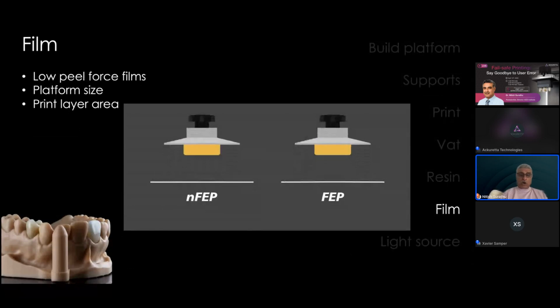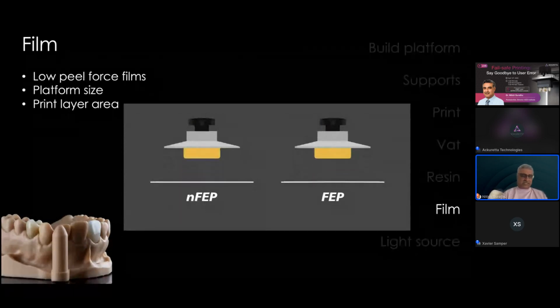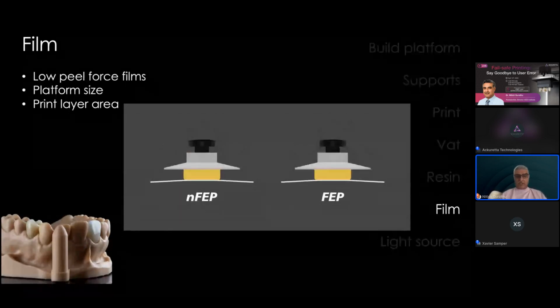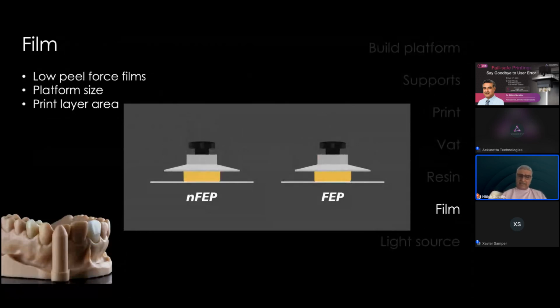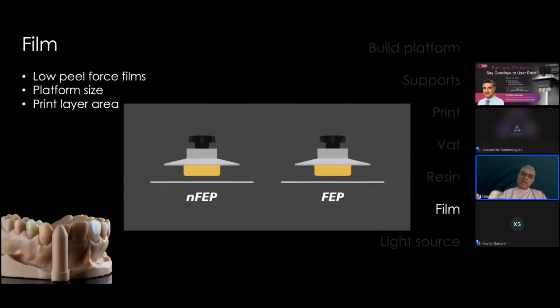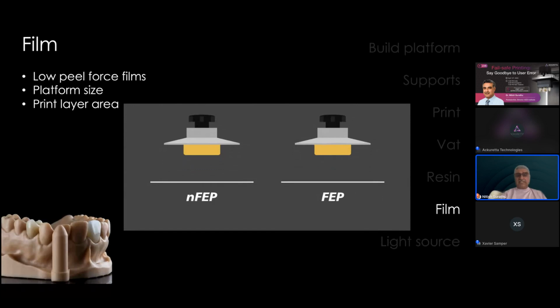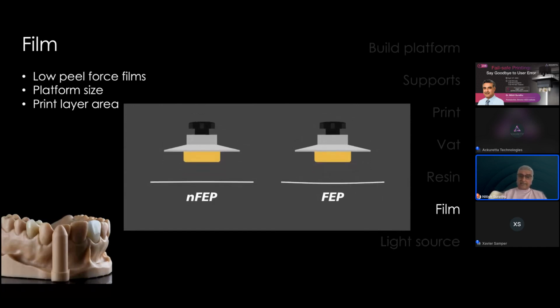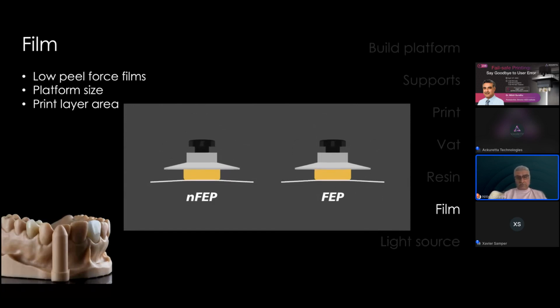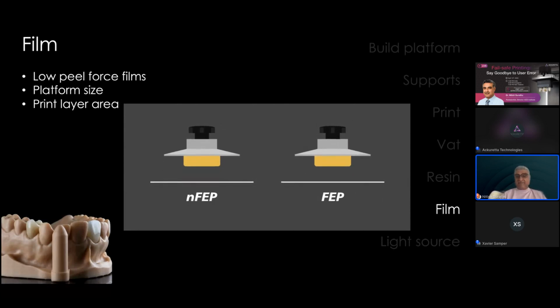Whereas NFEP films, which are just FEP films with a special coating, offer less peel force. In the early days, Sol came with FEP films, but nowadays, if you buy a Sol, you'll get it with NFEP film.